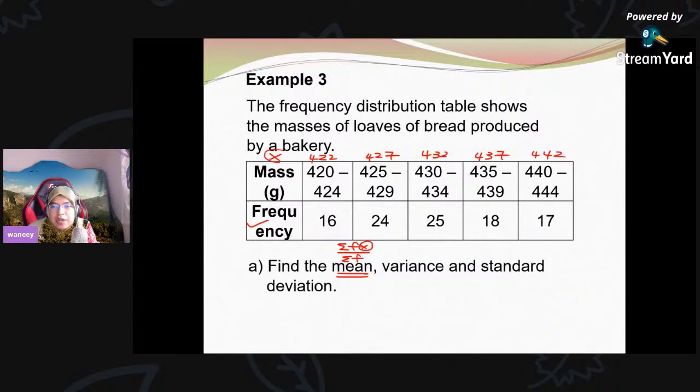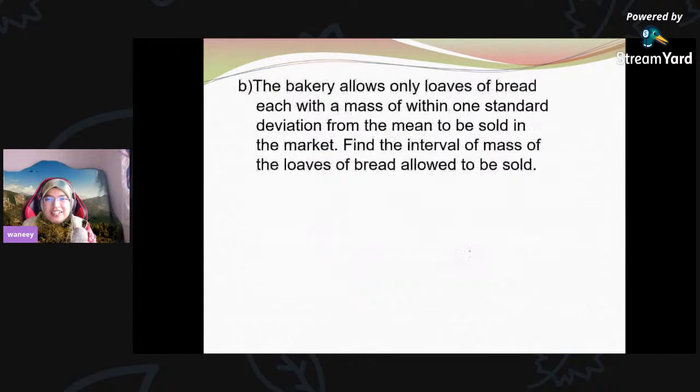So that is the value of x. In order to get summation of fx, we simply take x times f. After that, we add everything together to get the summation of fx. Okay, again, let me calculate that for you because it's going to take ages if you use your calculator.